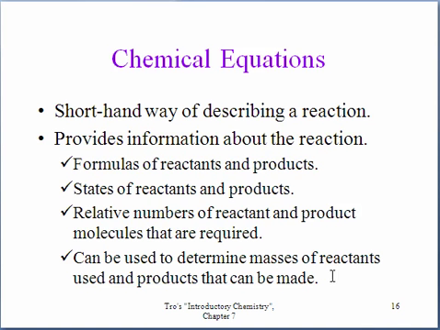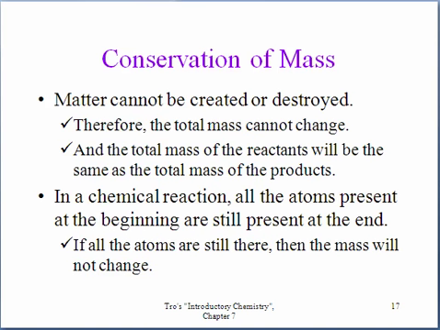You need to know exactly the amount of your ingredients, and you need to know how much you're going to make. Chemistry is very much like cooking in that respect, and we get that type of information from our chemical equations.